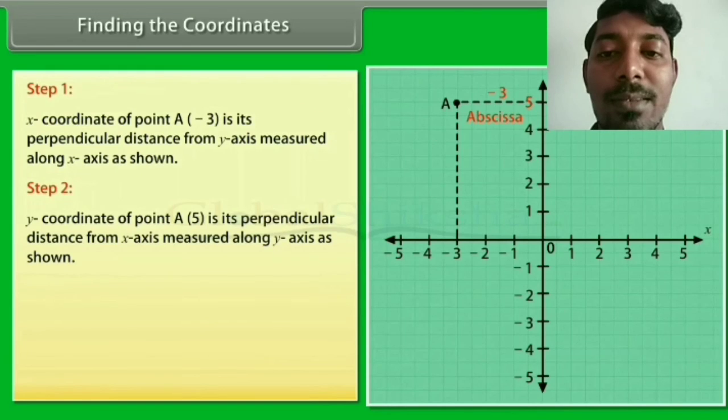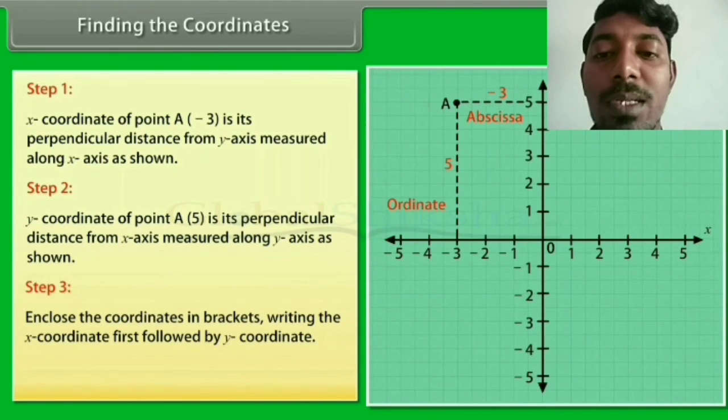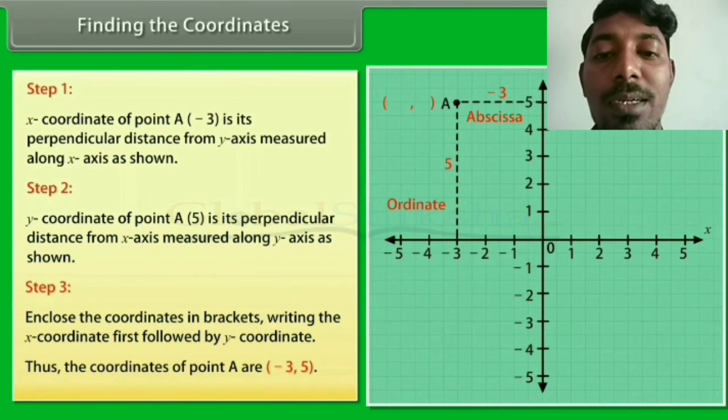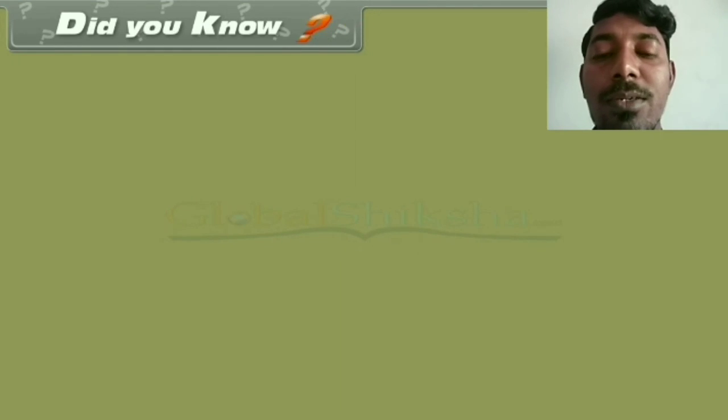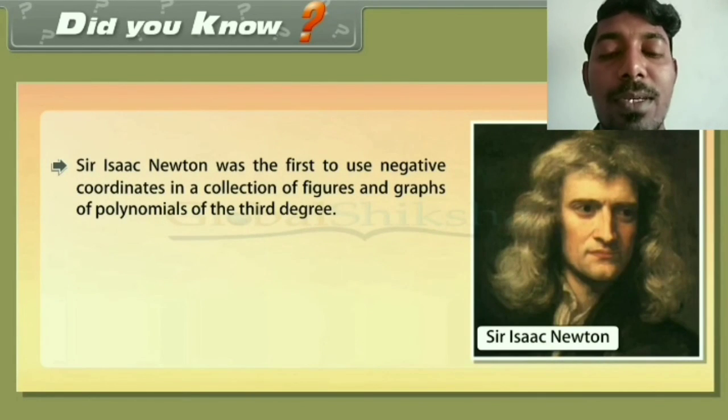Step 2: the y coordinate of point A is 5, as its perpendicular distance from the x-axis, measured along the y-axis as shown, is 5 units. Step 3: enclose the coordinates in brackets, writing the x coordinate first followed by the y coordinate. So the coordinates of point A are (minus 3, 5).